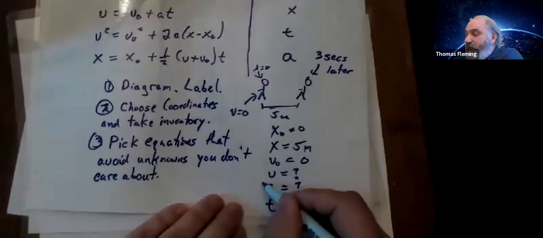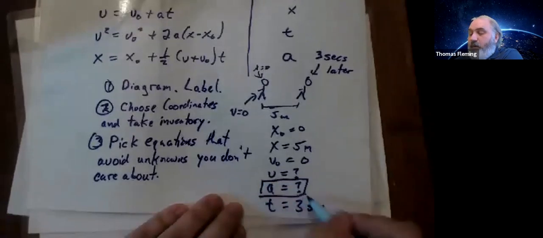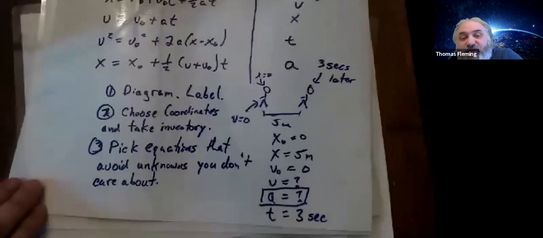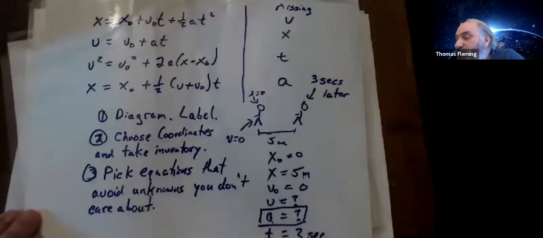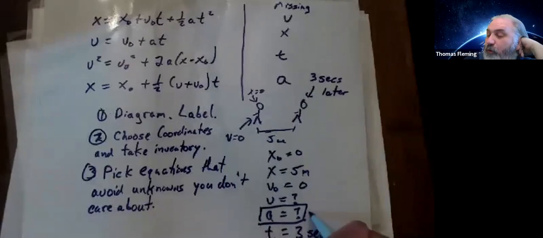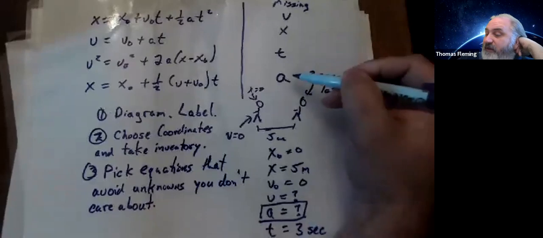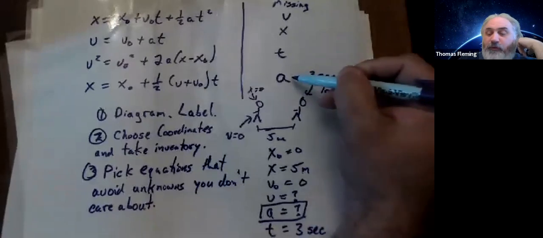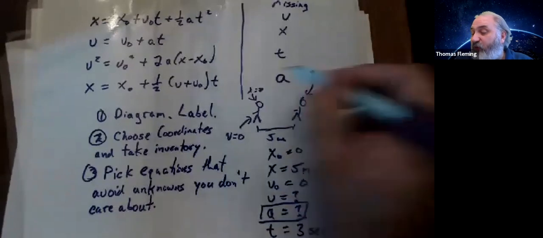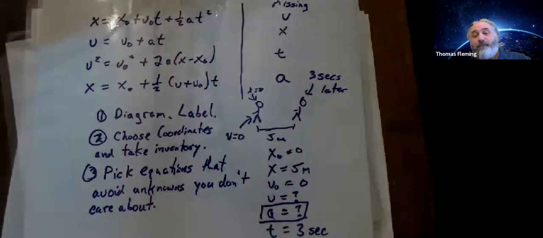It asked me about this. So, if that is the case, looking at that inventory, I need to have an equation, and it has to include acceleration. So, that means it can't be the useless equation because the thing that I'm looking for doesn't appear in that equation. This equation is no help at all.